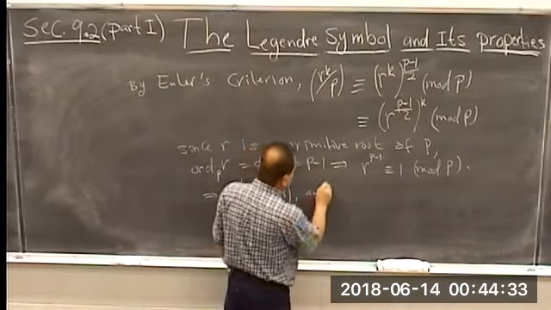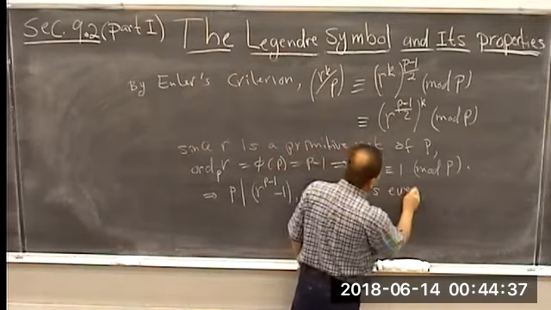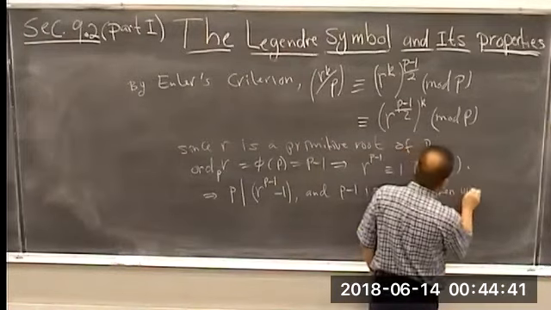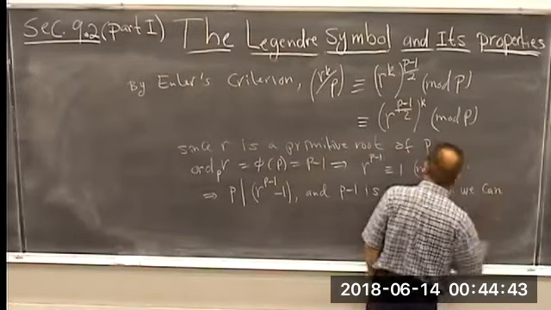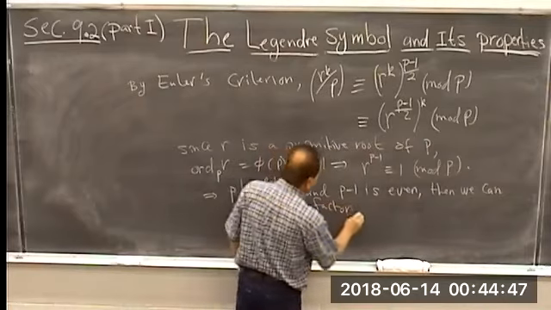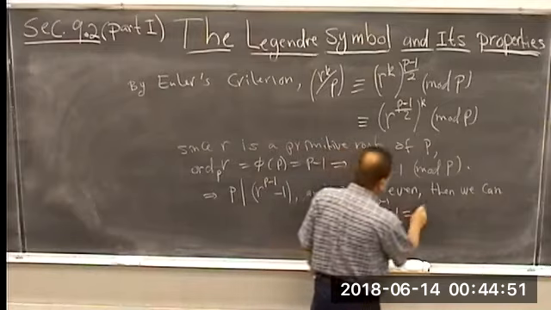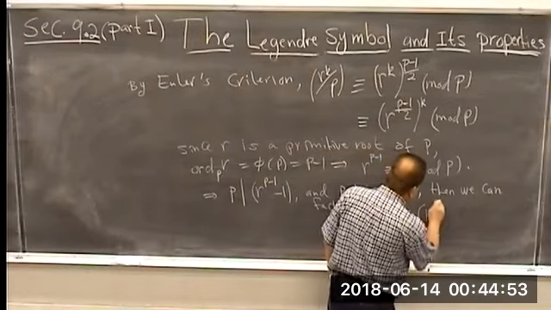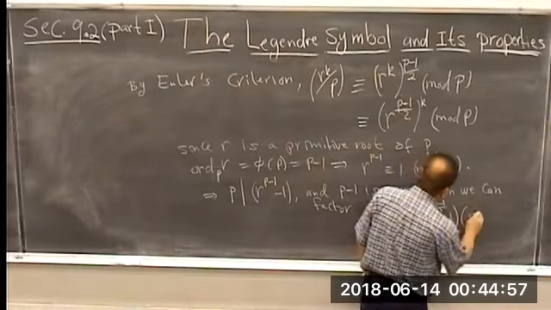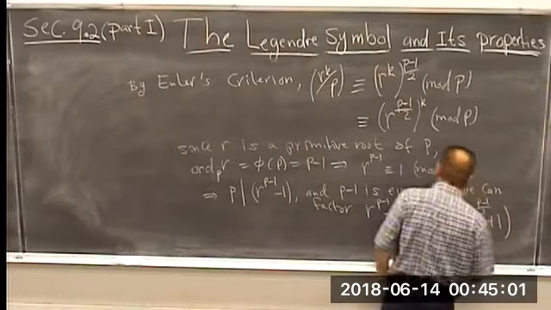And P minus 1 is even, so we can factor R to the P minus 1 minus 1 as R to the P minus 1 over 2 minus 1, times R to the power P minus 1 over 2 plus 1.